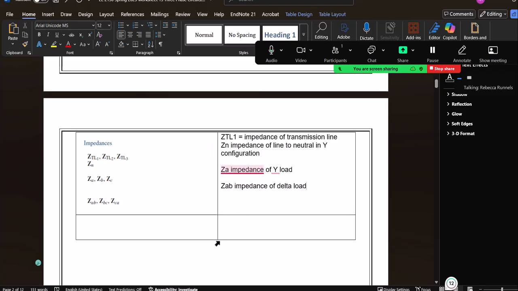In almost all of the problems you're going to have to do, you're almost always going to have a balanced load. That's what you want. And I don't think he's going to give you one that's not balanced. We might have an example of one, but it's not going to be a big problem from beginning to end with an unbalanced load. It might just be, set it up for an unbalanced load. So a balanced load, the impedances are all equal.